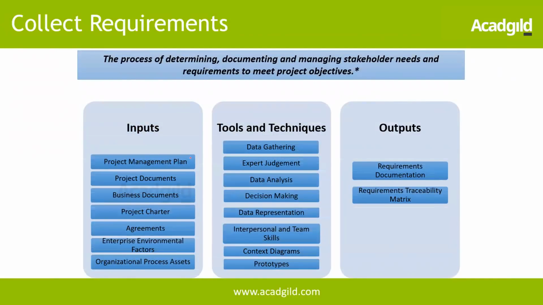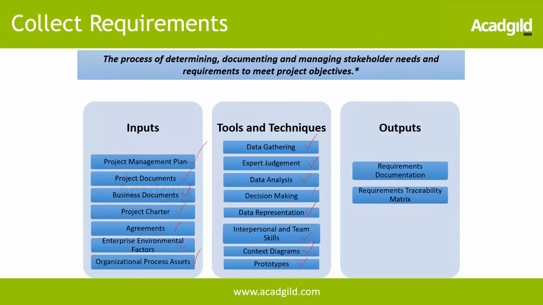Inputs, again the project management plan, project documents, assuming we are in the nth iteration again, business documents, project charter, agreements, EEF and OPA. The tools and techniques: data gathering, how we are going to get these requirements, expert judgment, data analysis, decision making, data representation, interpersonal and team skills, context diagrams, prototypes.